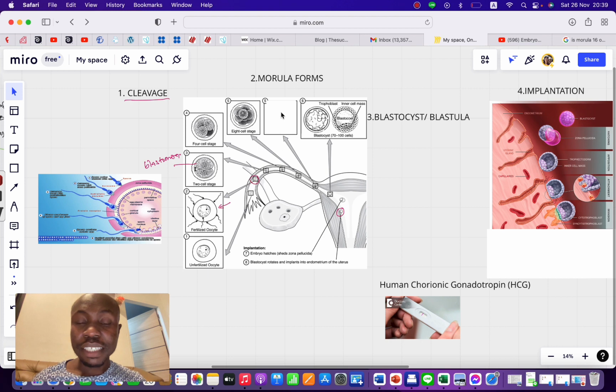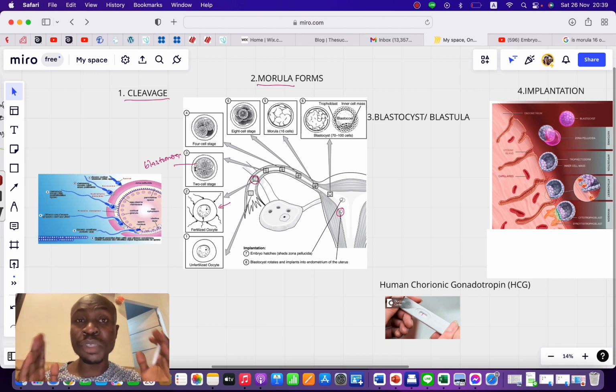Now, the next stage is that the 8 cells are going to divide to form about 16 cells, which we call a morula. So morula is about a 16 cell stage or structure. Sometimes we write it as 16 to 32 cells.